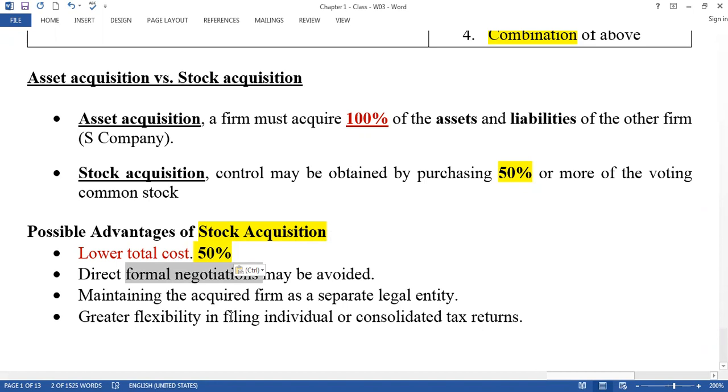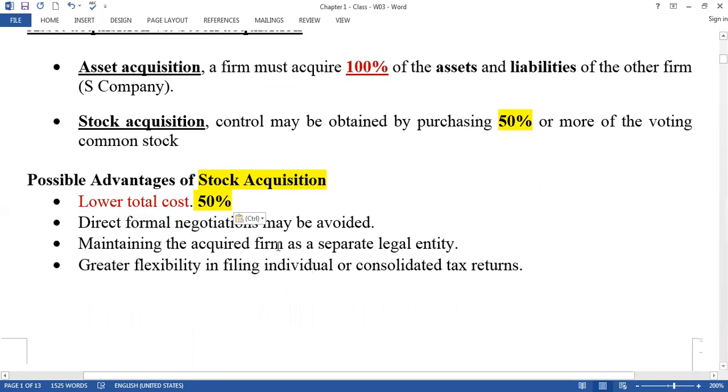So you have to go through a very long process, and you have to find out who is the right person to negotiate with. But if you want to buy stock, you don't need to ask anyone's permission. You just go directly to the stock market, you have money, you buy their stock. You don't need to talk with anyone. You can easily get stock from the stock market. Do you understand?